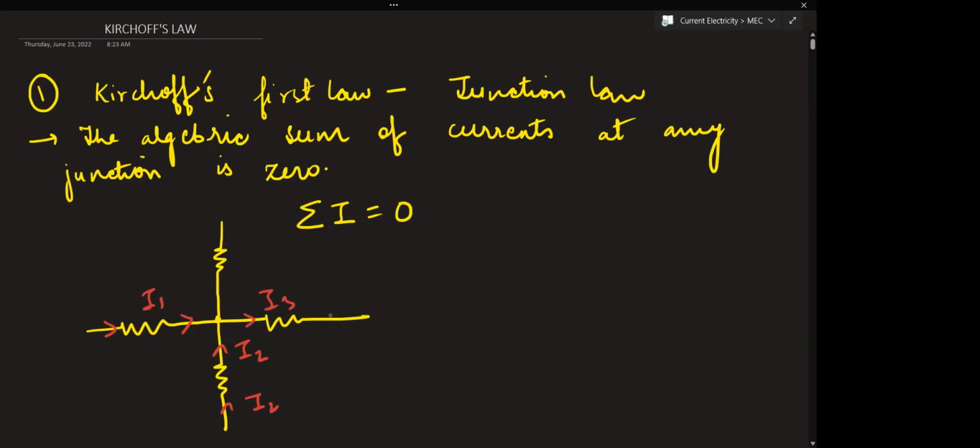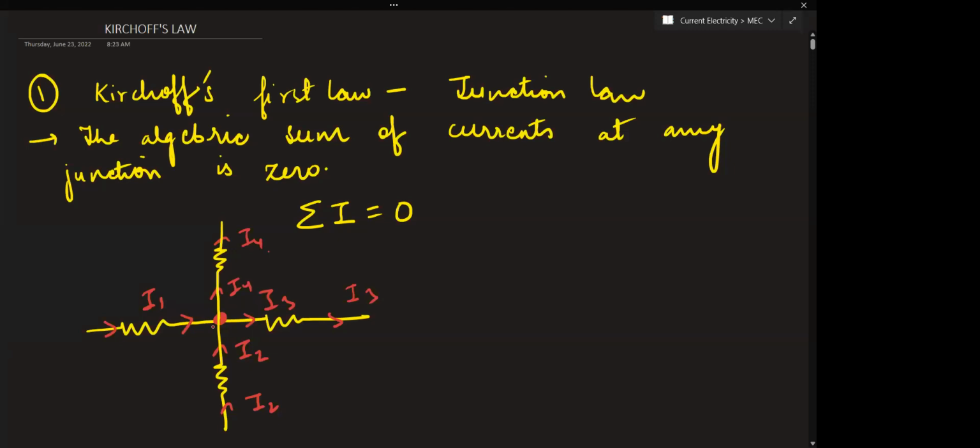Direction of I3 is this, and direction of I4 is this. These are all the currents that are flowing. Now I have to calculate at this junction. This is the junction. That's why we call it a junction rule.